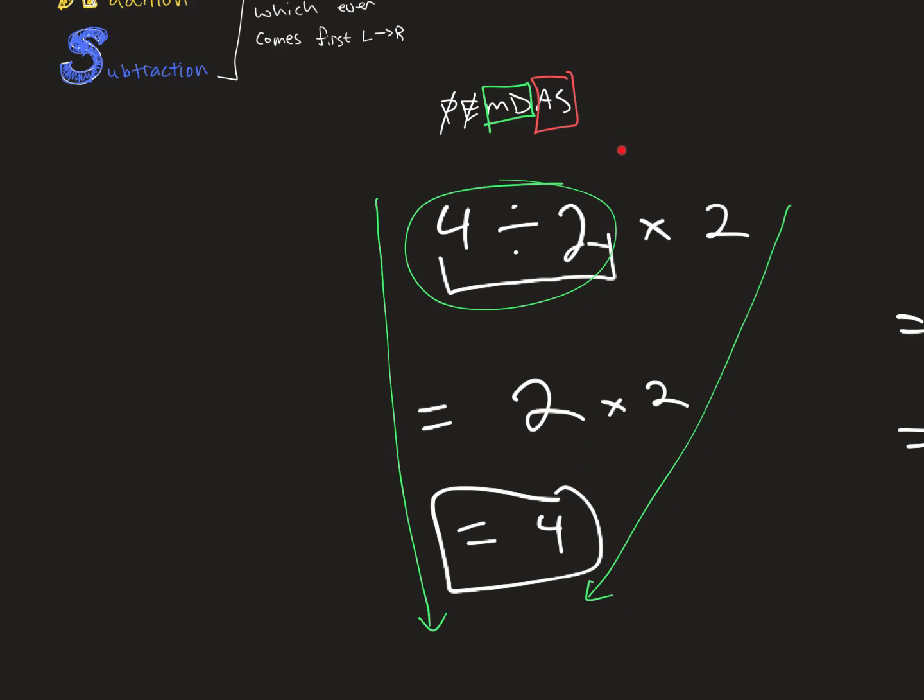Everything that's not included with the section we are solving, we just leave the same. This will make even more sense when we get to expressions that have 4, 5, 6 terms or more. You would have to break things down section by section, and everything else that is not being solved for stays the same. So then we just have negative 2 times 2 left over, and that gets us negative 4.